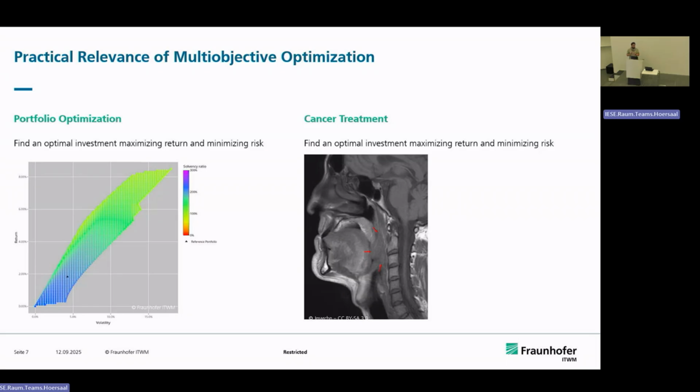Then also what we are doing here at ITWM is cancer treatment, where you want to, of course, treat the cancerous cells as much as possible while you don't want to harm the healthy tissue as much as possible. So there you also have two objectives that obviously conflict.